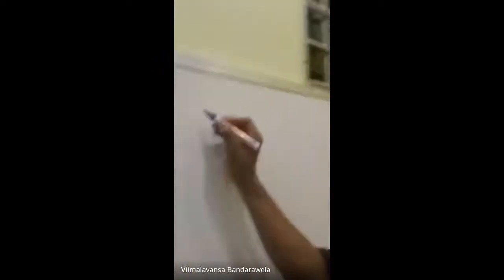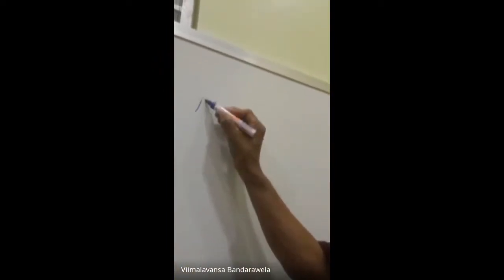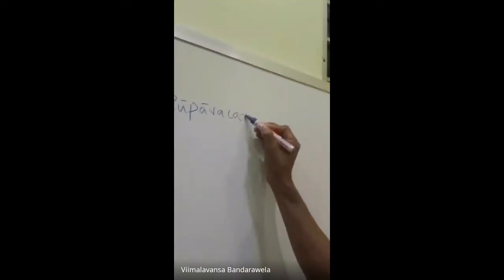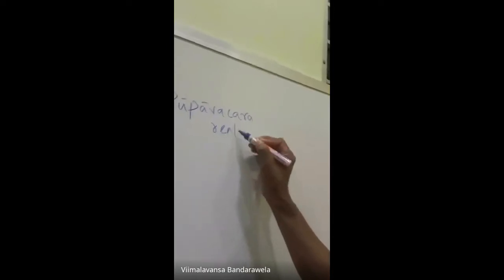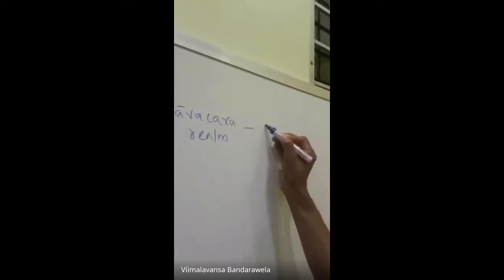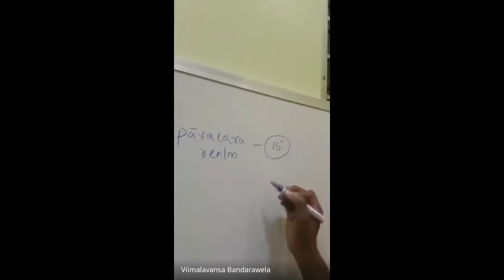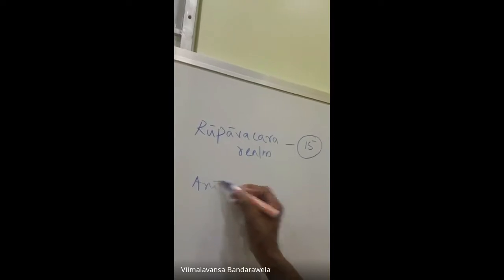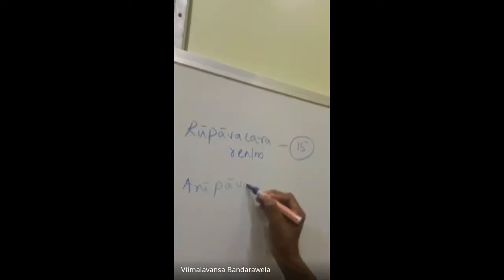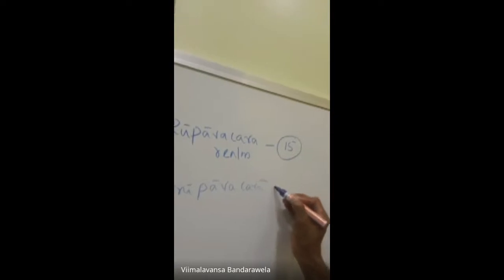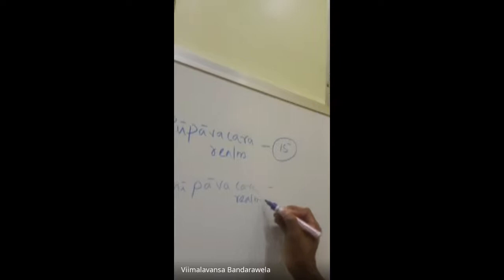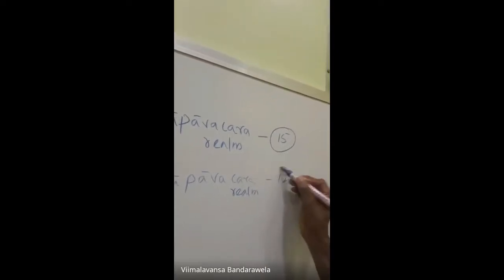And then you have the fine material world, Rupavachara, with 15 consciousness. Please write this down. Then Arupavachara, you have 12 consciousness.